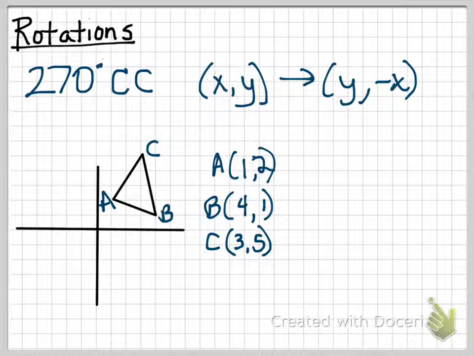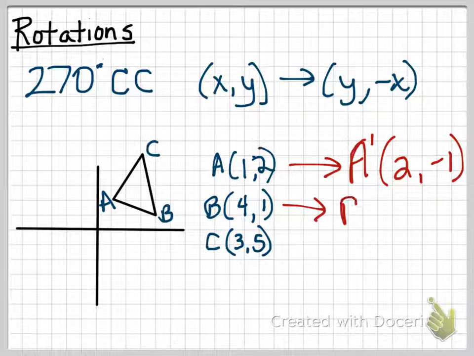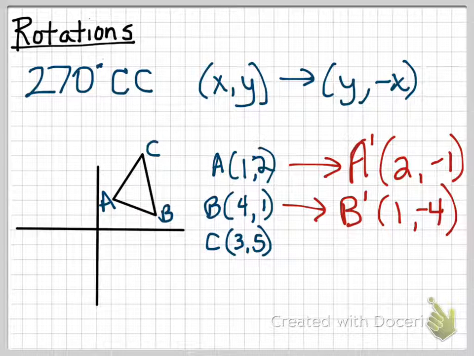When I do the 270 degree counterclockwise rotation, A prime is going to change into (2, negative 1). I'm going to flip them, and I'm going to change the sign of the second one. So B, if it was at (4, 1), we're going to flip them, so it becomes (1, 4), and I'm going to change the sign of the second one. So it's now going to be located at (1, negative 4).